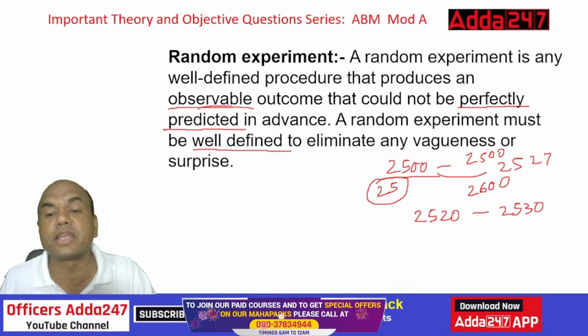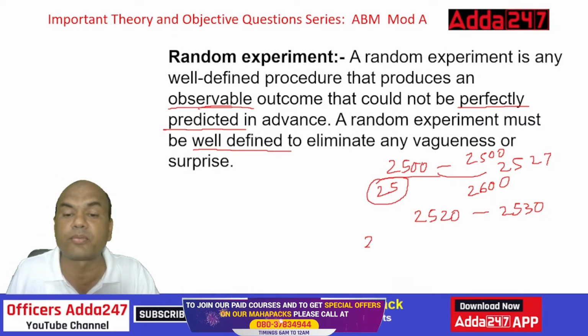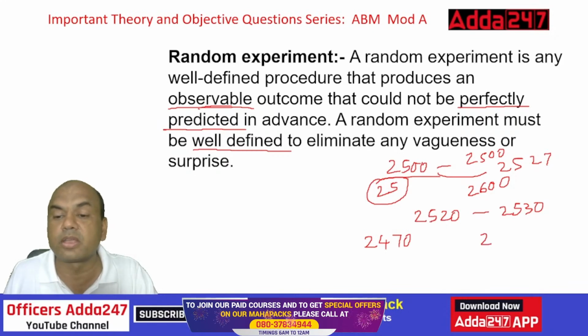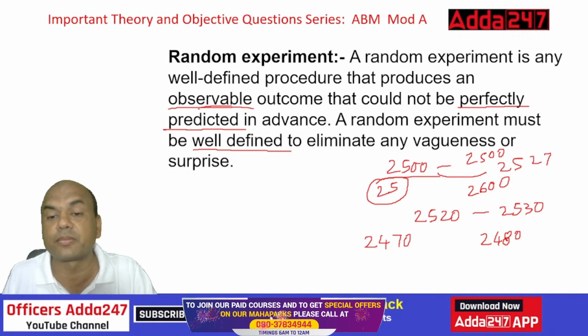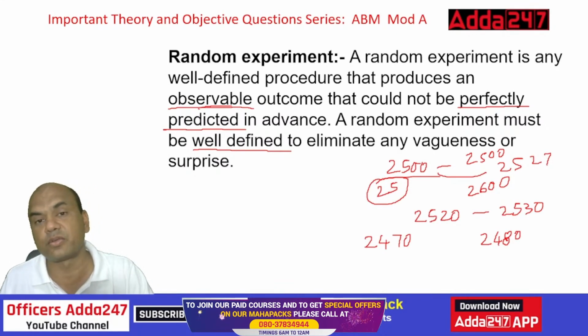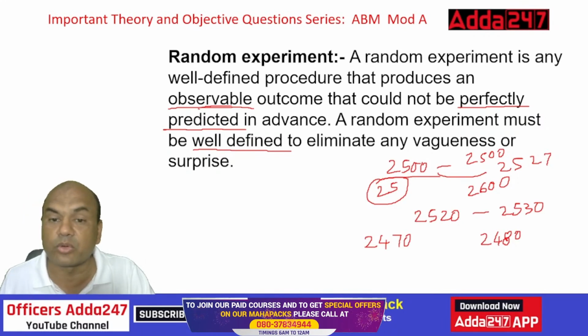So it will be in the range of somewhere 2470 to 2480. That is the range, because the exact answer is coming at 2475. So it cannot be perfectly predicted in advance. But some guess I can do. But for that, I need to have the study well defined.